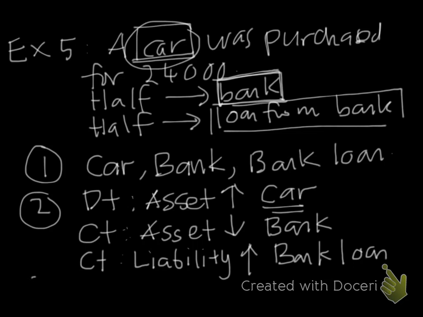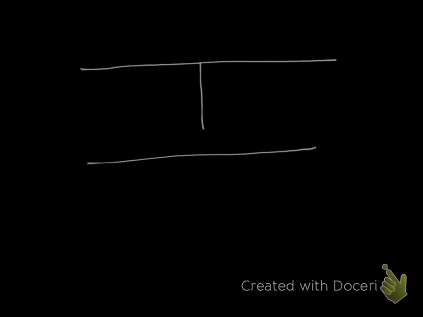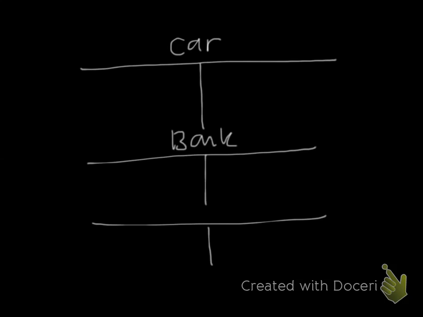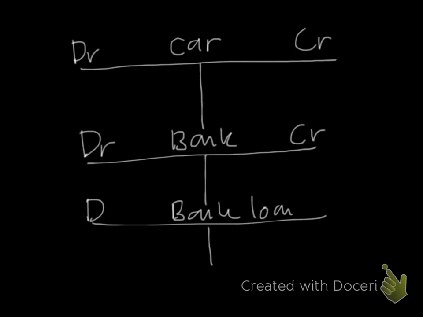So step number 3, we record in the T account. So that we identify 3 accounts for this transaction, which is we have a car account, a bank account, and a bank loan account. We have a debit in the left hand side and credit in the right hand side.